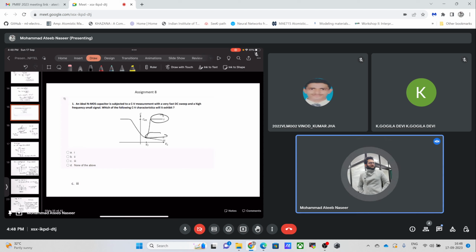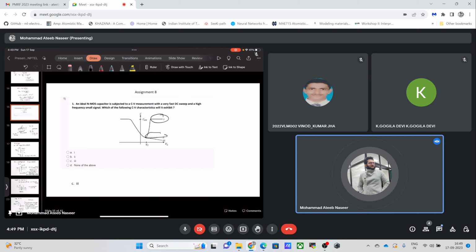We do a quasi-static measurement, which is slow, where we change the DC bias, the voltage ramps, by a typical rate of, let's say, 50 millivolts per second.